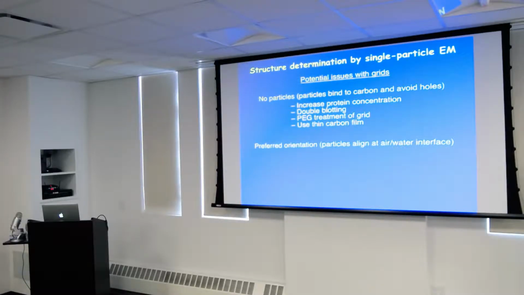The reason is you adsorb it first, and then you dry it, so it kind of lies flat on top of the grid. So almost always you have preferred orientations. Here, at least you don't dry, so you have a chance that wherever it attaches to the grid, it doesn't roll into the most ideal position, and you can freeze in different orientations. Does this make sense? Okay. But often you still get preferred orientations.